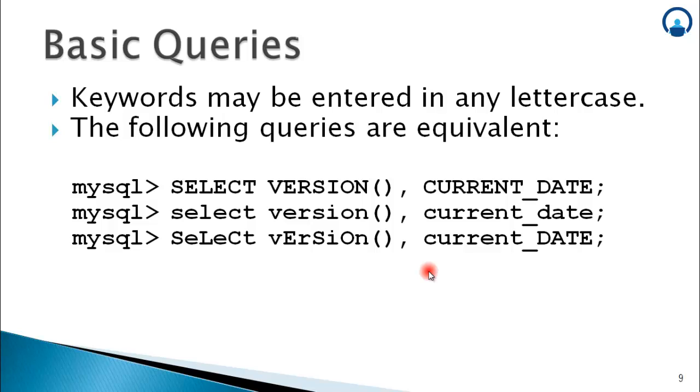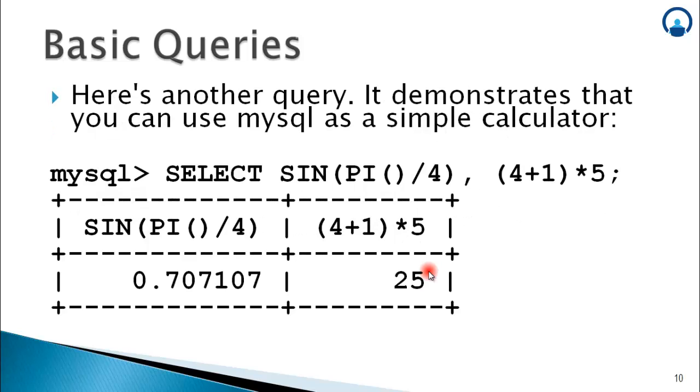Now this means what? MySQL keywords are not case sensitive. So if you write something in capital or small case or mixed case, it doesn't matter, right? Let's move further with some more examples on basic queries.